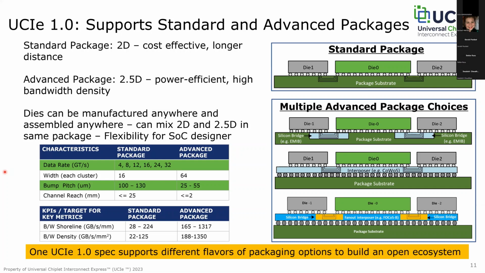So 28 gigabytes per second per millimeter refers to 4 GT/s operation. 224 gigabytes per second here refers to 32 GT/s operation. Same line of thinking for advanced package. You can see a fairly significant bump up in bandwidth density. And then we also have areal density or bandwidth per millimeter squared, standard package range, and advanced package range.